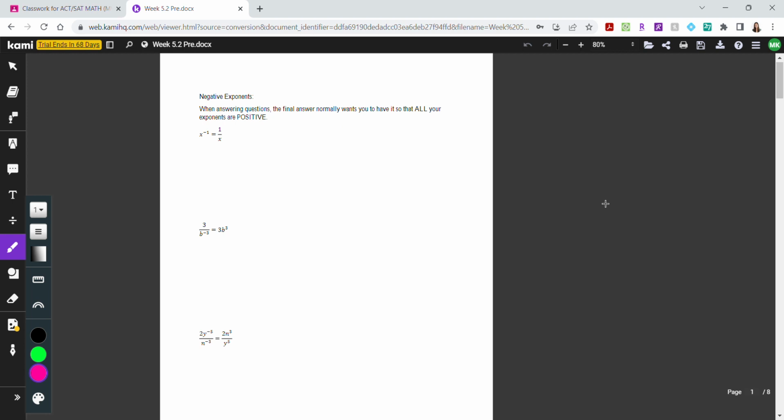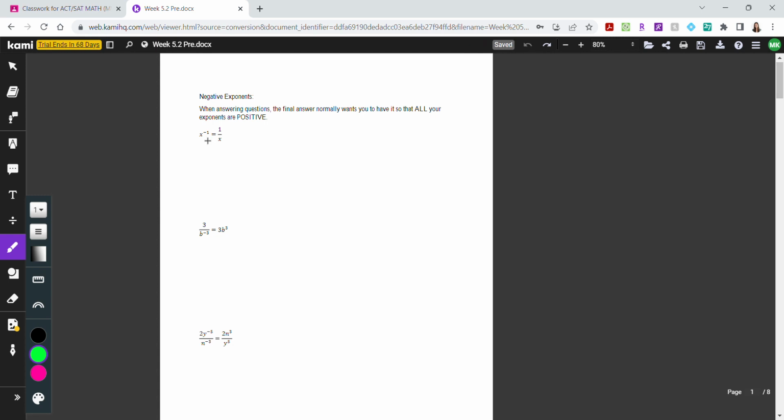Alright, so with negative exponents, here's the thing. Normally when you're answering questions, the final answer wants you to have all of your exponents as positive. This is how you make a negative exponent positive. If right now x to the power of -1 is technically over 1, in order to make this positive, you are going to flip it upside down.